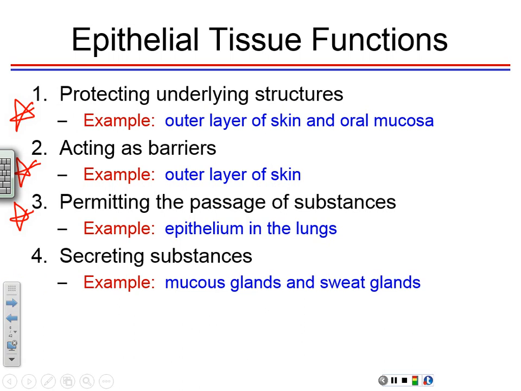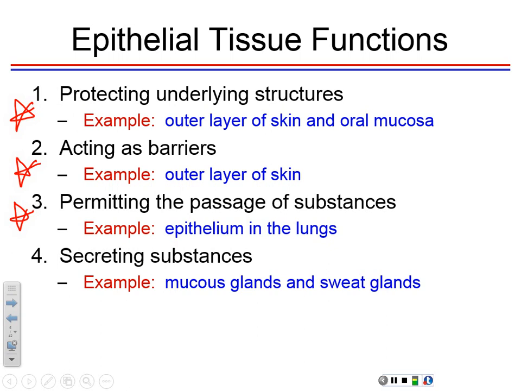Secreting substances. All these glands are epithelial tissues. Some of them are unicellular, like goblet glands or goblet cells in the stomach and small intestine, which produce mucus. So they could be single cell, unicellular, or multicellular.